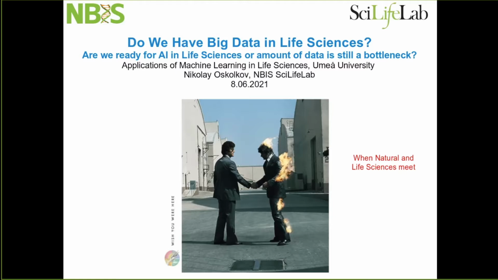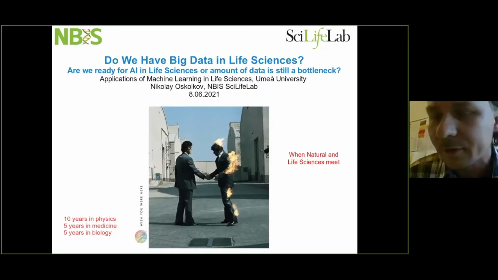people with biological backgrounds. So I think it's important to keep in mind this diversity and try to find a common ground and use a simple language to have a good collaboration. I am familiar with this kind of trouble because I did my PhD in theoretical physics a long time ago, but then I switched to life sciences and spent approximately the same amount of time in life sciences as in physics.